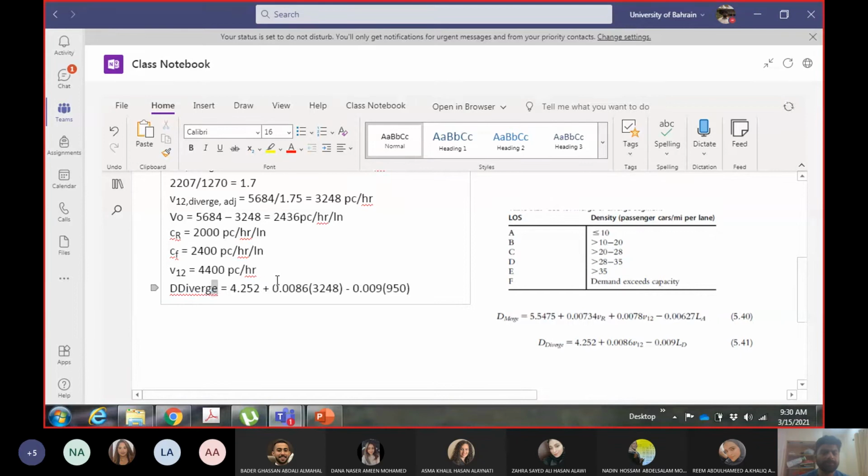Okay, how much is it? 24. What are the units? You calculate density, right? So what are the units here?